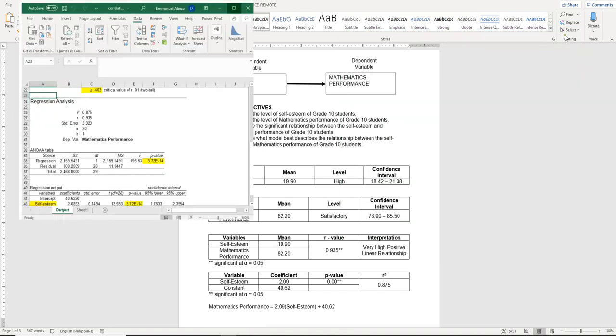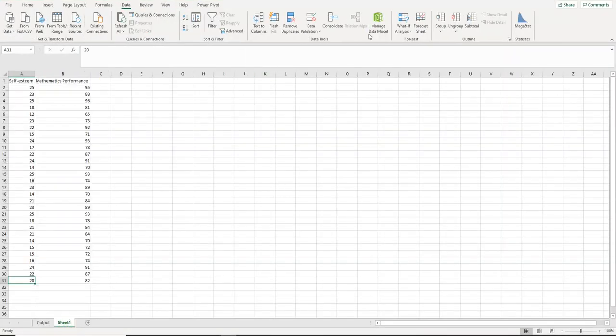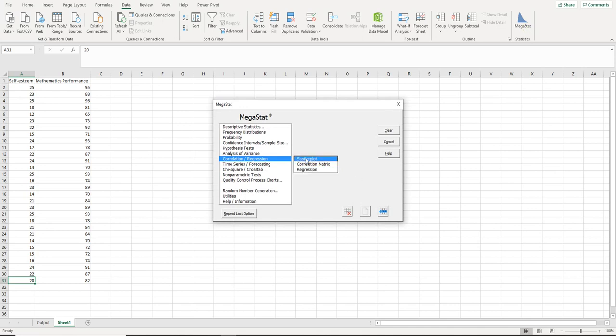Now, what does this model look like? If we go back to our MegaStat, we have the scatter plot.